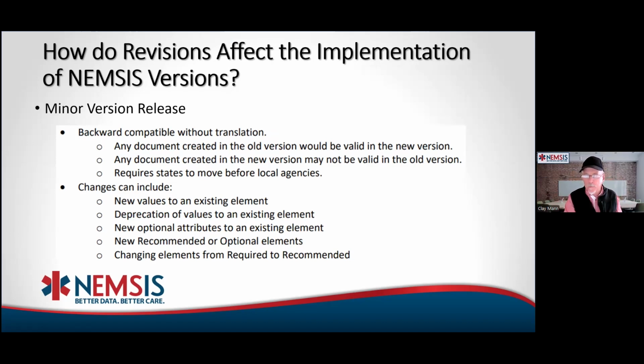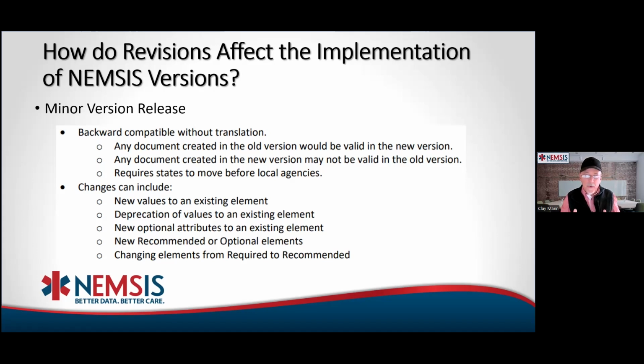That is, an older version is valid if it's submitted to a newer version. So again, as Josh was describing, it's really required that states are moving before agencies, but as he mentioned, they can be running two versions of the NEMSIS standard at one time, waiting for all of the agencies to catch up and be compliant with the newer version.